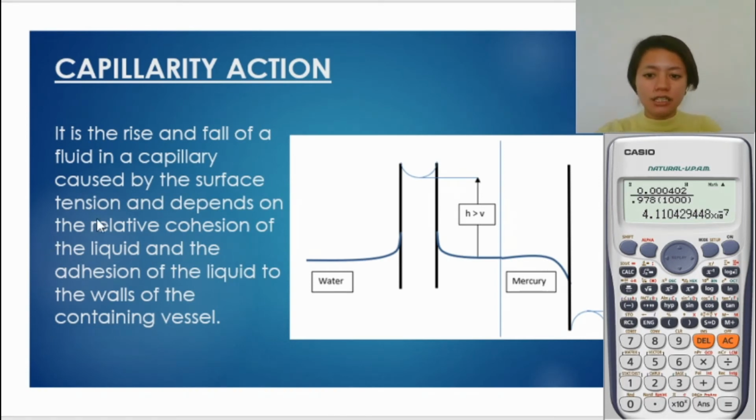Capillarity action, it is the rise and fall of a fluid in a capillary caused by the surface tension and depends on the relative cohesion of the liquid and the adhesion of the liquid to the walls of the containing vessel. So, kung mayingon tag surface tension, ang ato example is kabantay mo ang mga gliders, ang mga sasapa, no?